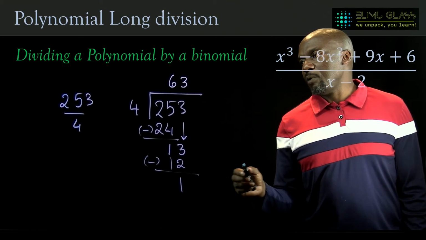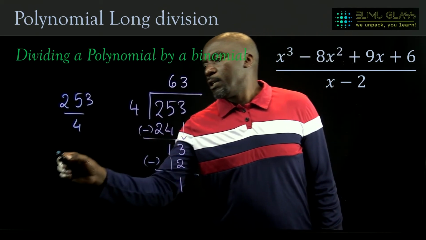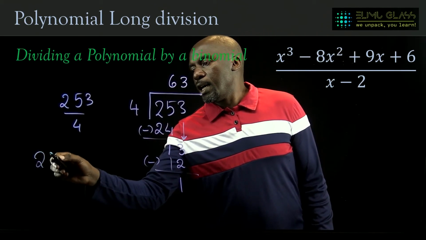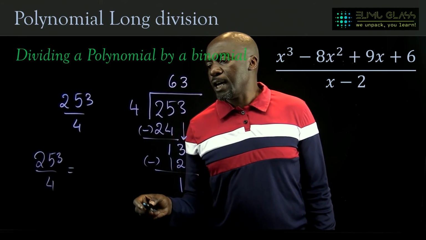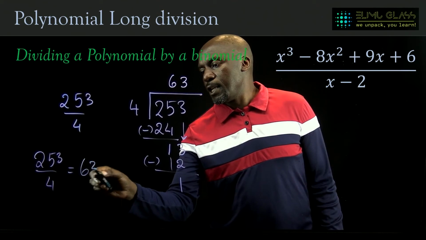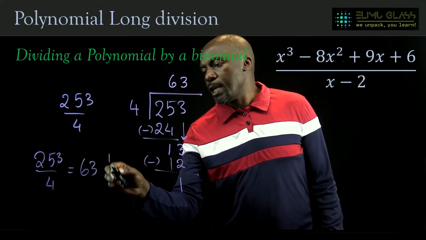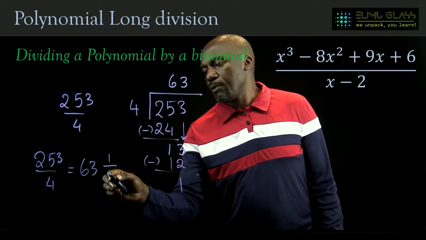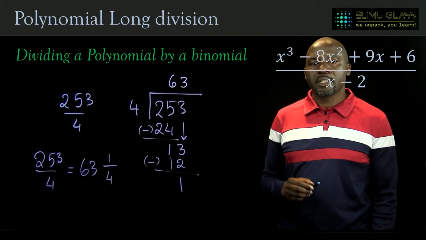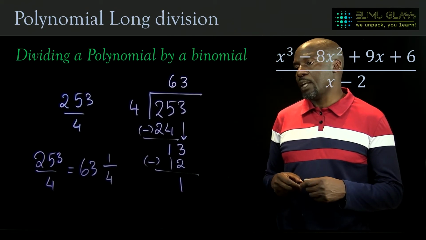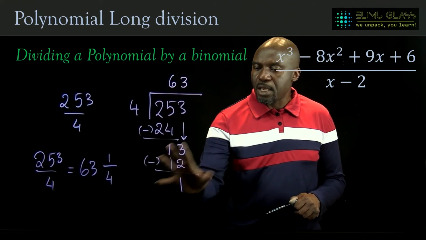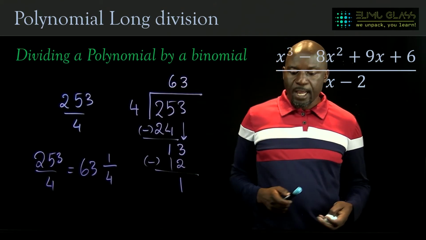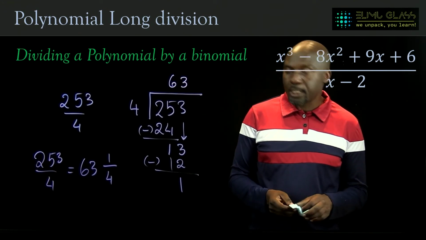And because of that, we will say that 253 over 4 can be expressed as 63 and 1 over 4. So we've learned how to divide that. Hopefully we all know how to do this. We are going to use this same method to divide that. Let's see how we go about it.